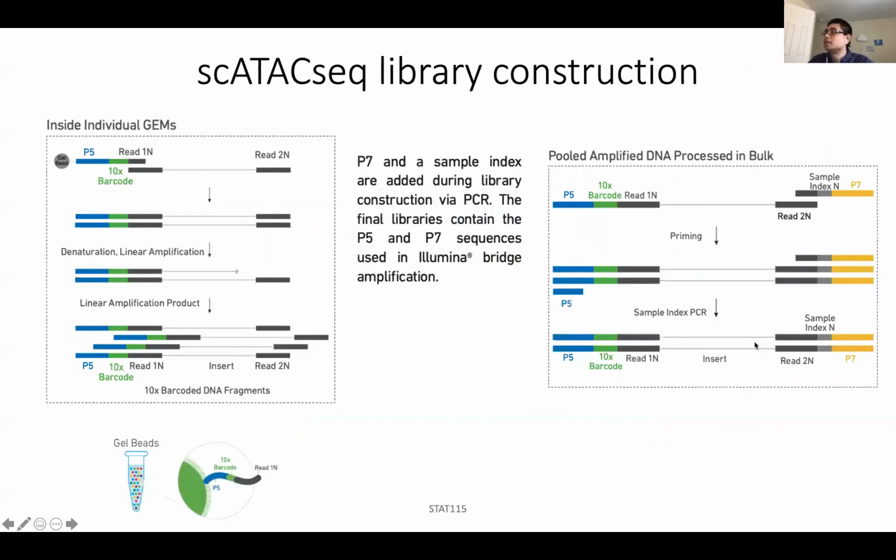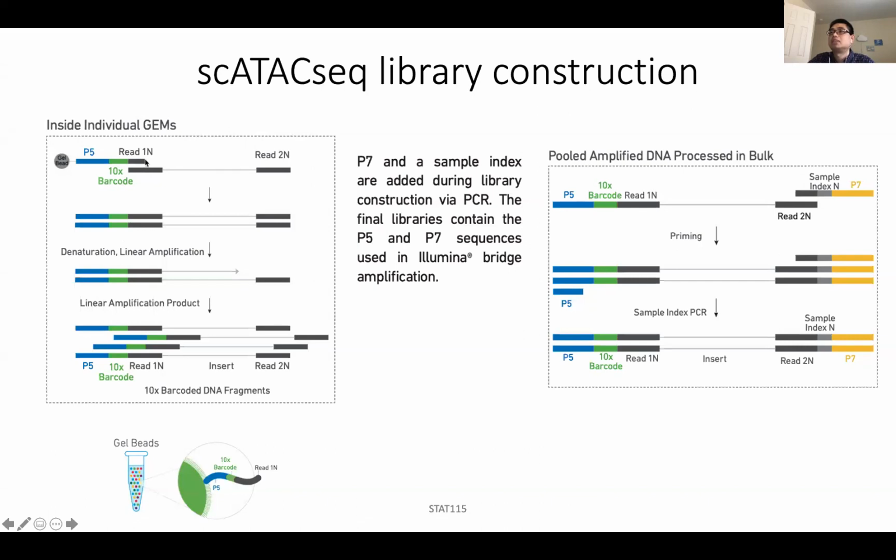Okay, let's look a little bit closer at the library construction. So we know here each bead contains the P5, which is the Illumina sequencing adapter, and this 10x cell barcode is 16 base pair, and this fragment sequence corresponds to the reverse complementary adapters that Tn5 inserted.